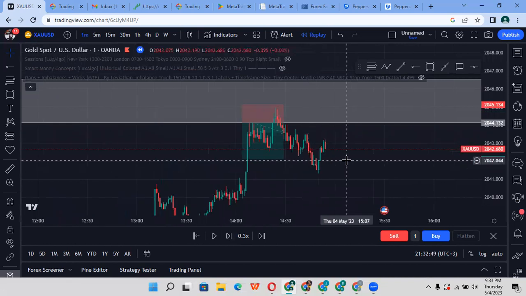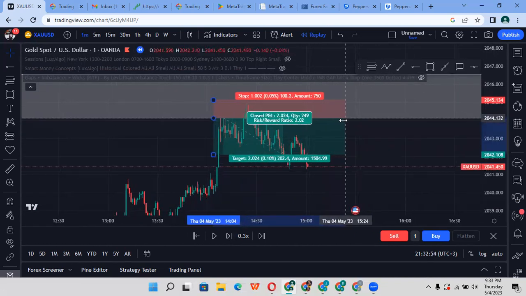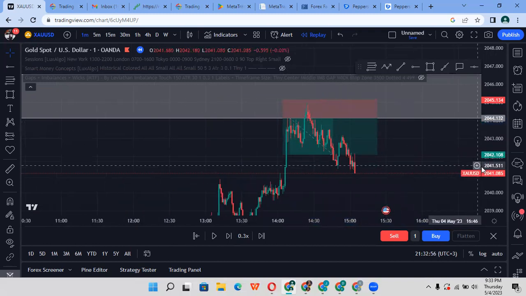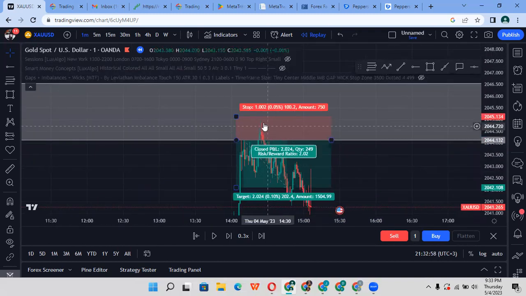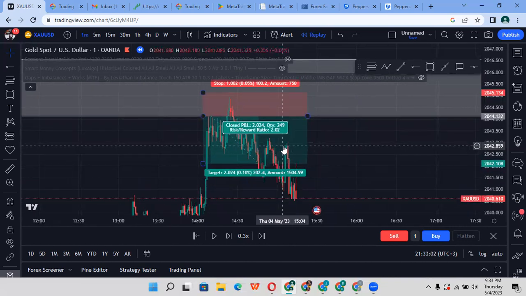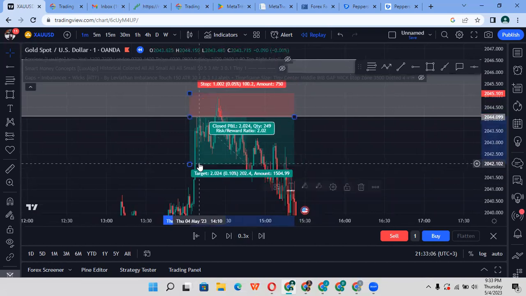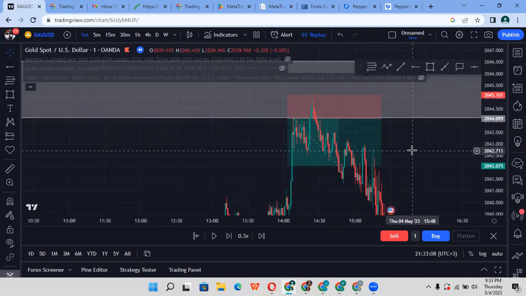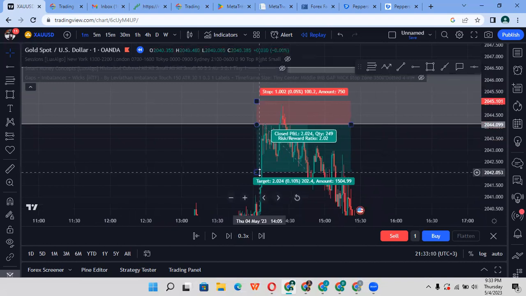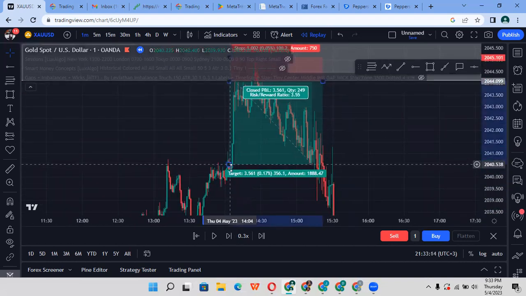As you can see, this is big profit. Definitely came back trying to hit our stop loss, but did not hit our stop loss. This is 20, 40. Okay, I've actually put this wrongly. This should be 40.